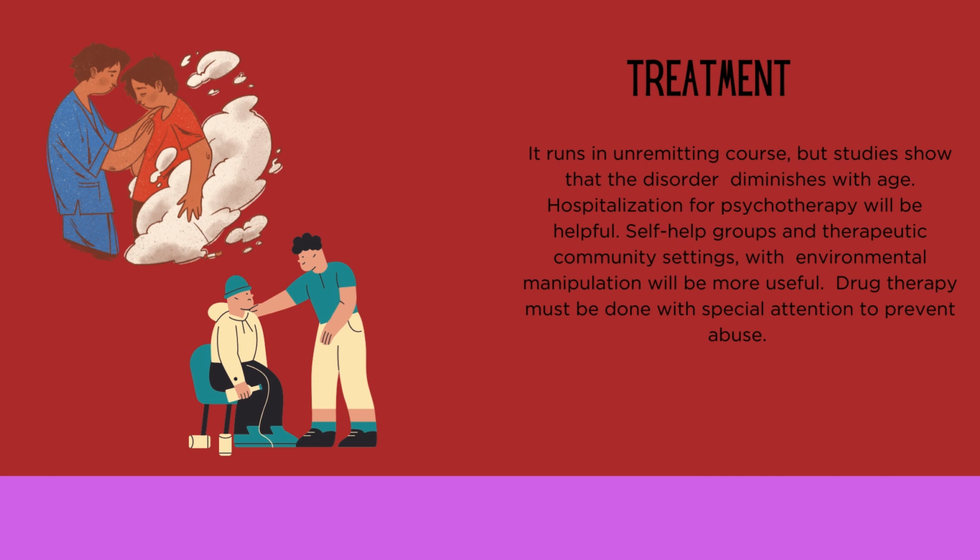However, drug therapy must be done with special attention to prevent abuse. And just like BPD, more of this disorder will be discussed in the upcoming videos. So please stay tuned for more videos about this.